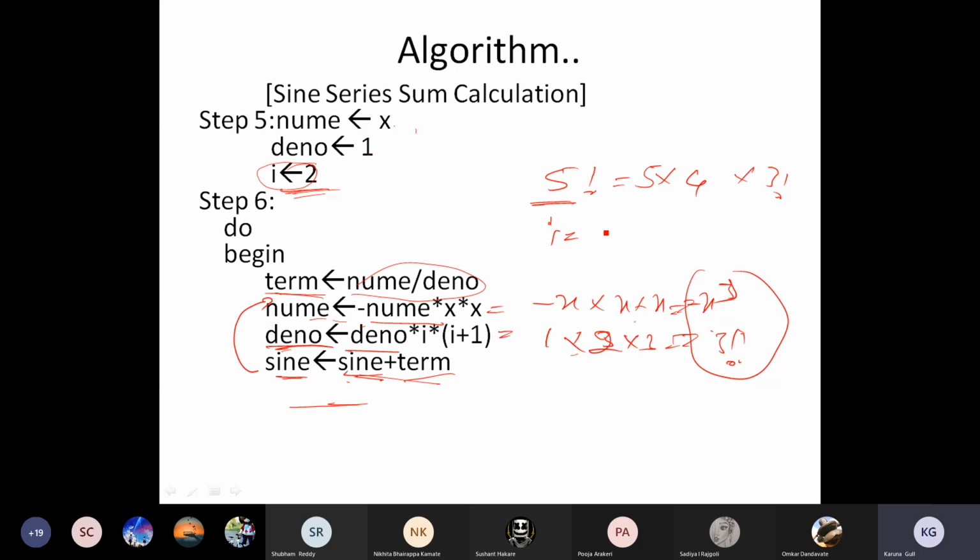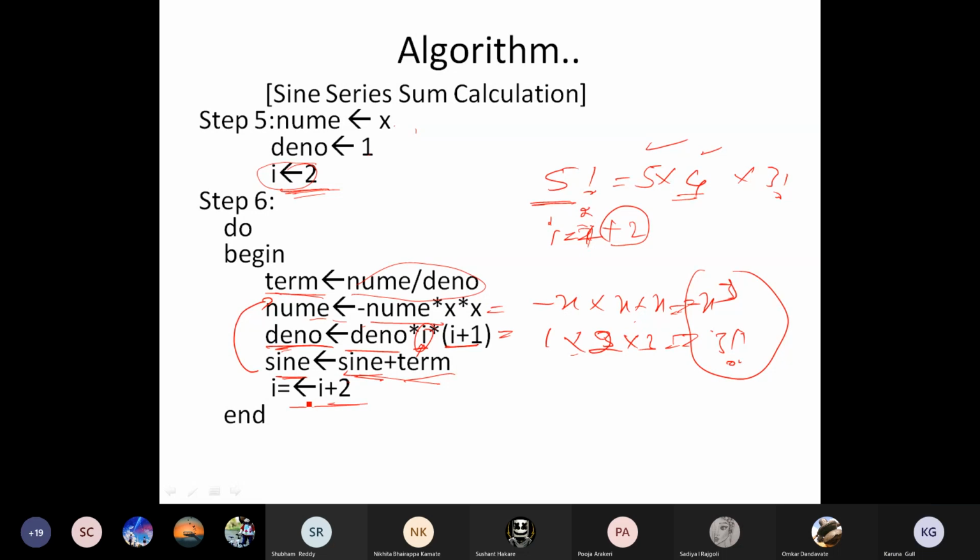I'll be adding to it to generate the next number. I want to get the next even number there. How do I get the next even number? Add 2, ma'am. Add 2 to this, correct? Whatever value of I is there, you add 2 to it to get the next even number. That's what we are doing in the next step there. Is it okay?